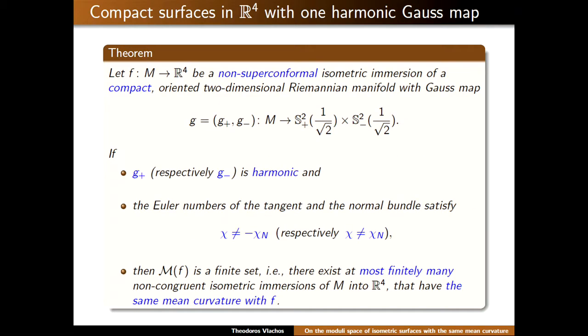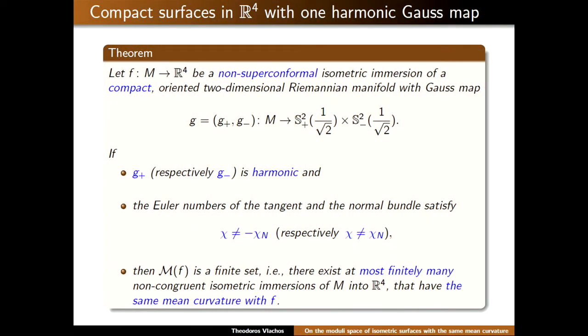I would like to mention another result for surfaces. This is only for compact surfaces in R4 that are not superconformal. Again, under the assumption that one of the two components of the Gauss map is harmonic, and under an additional topological assumption on the Euler numbers of the normal and the tangent bundle.